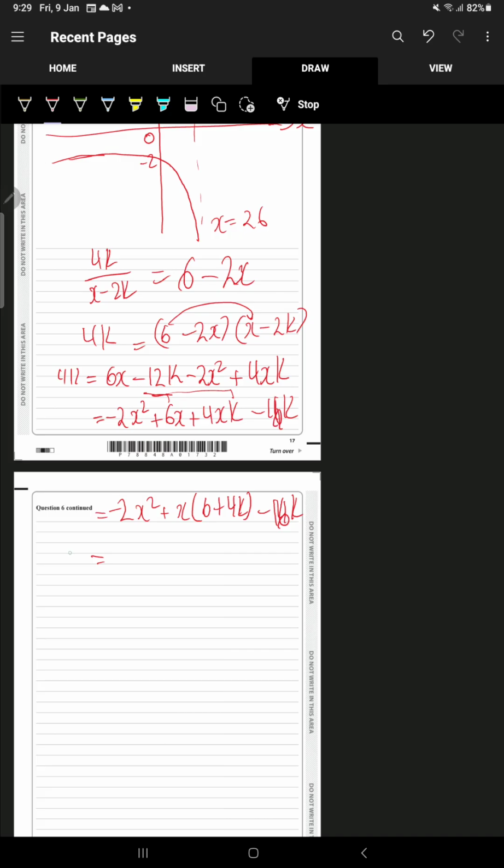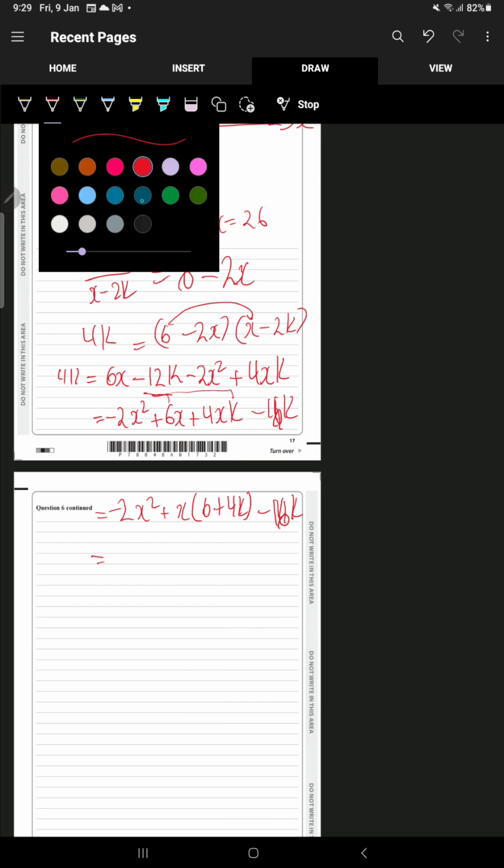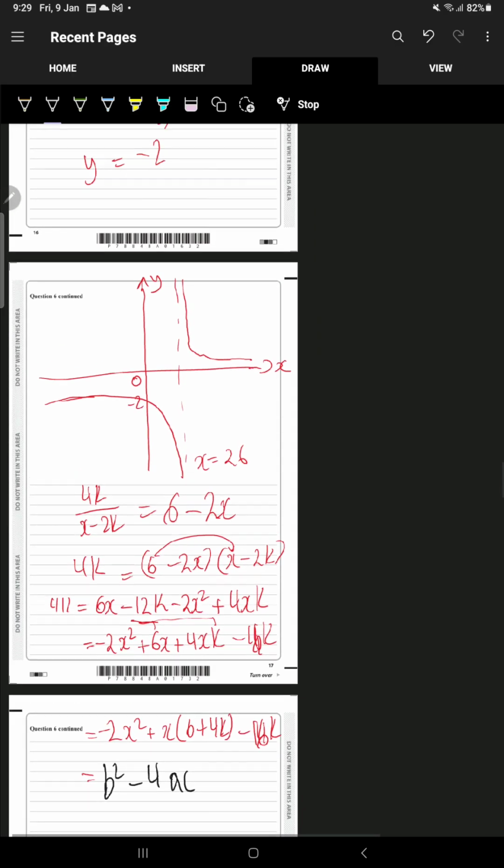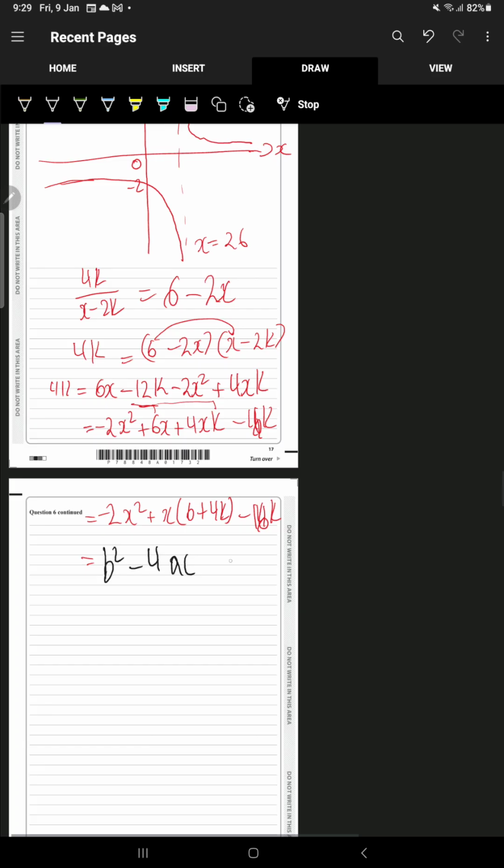Now, at least one point of intersection. Whenever they say at least one point of intersection, this means that b squared minus 4ac is going to be greater than or equal to 0. Why?